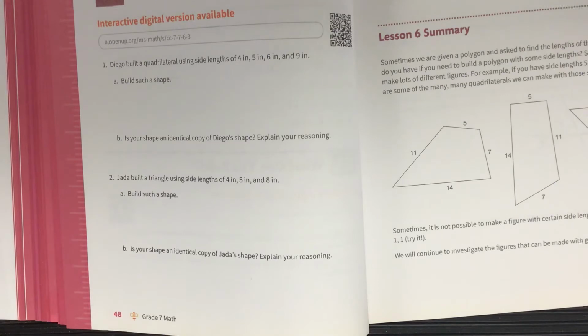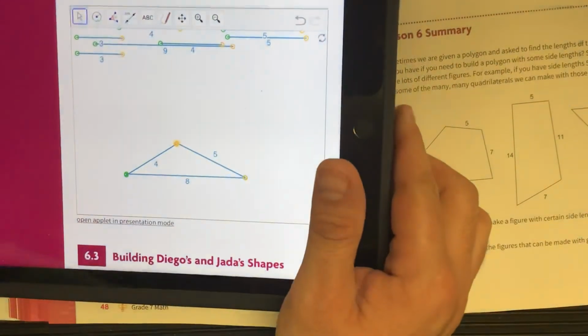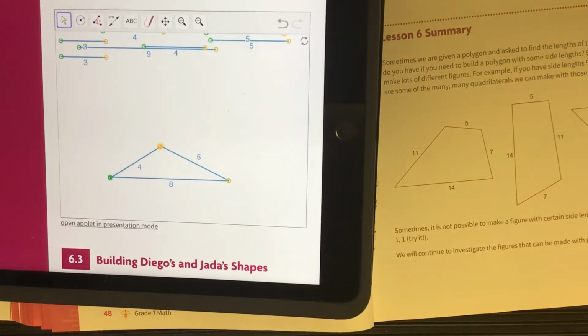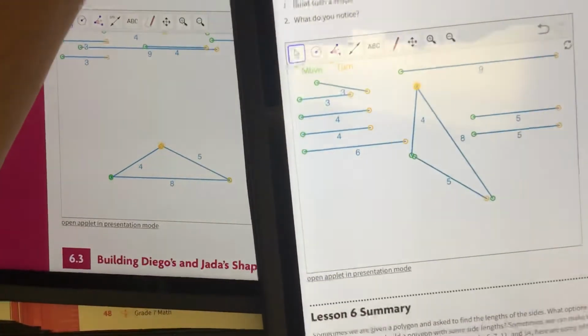You got one, all right? What about the right angle? That's the same thing. So you copied. Mine's better than yours, Jackson.